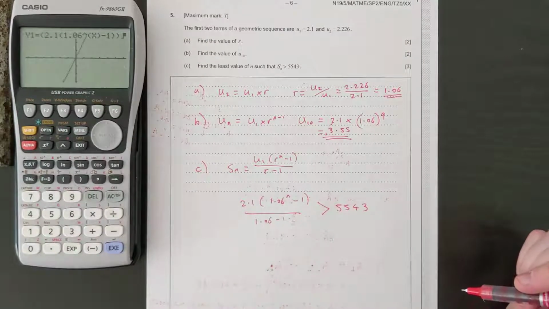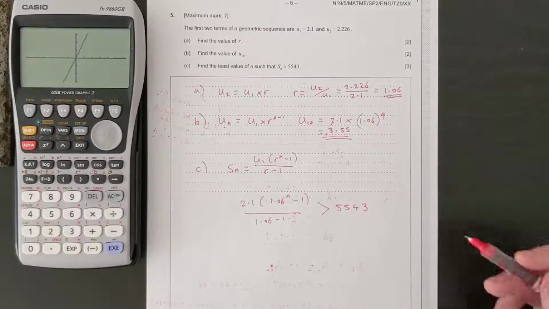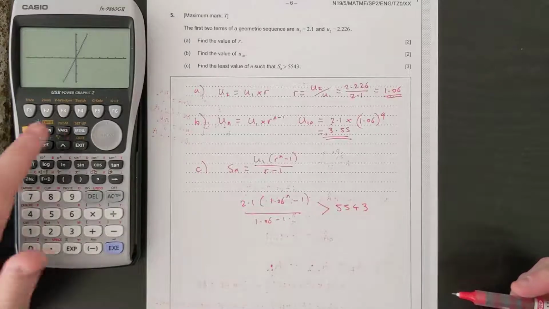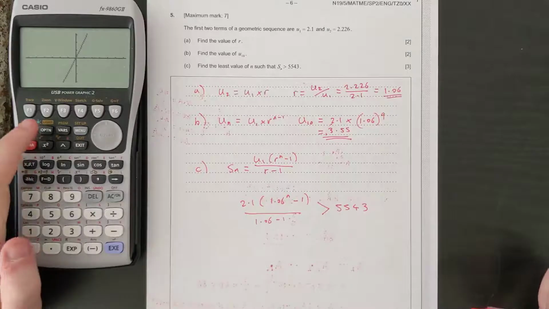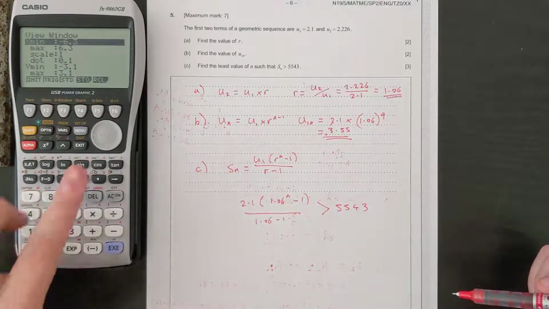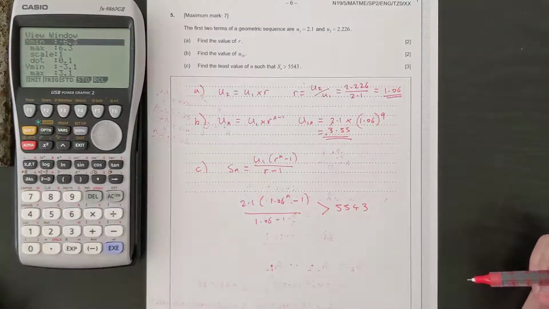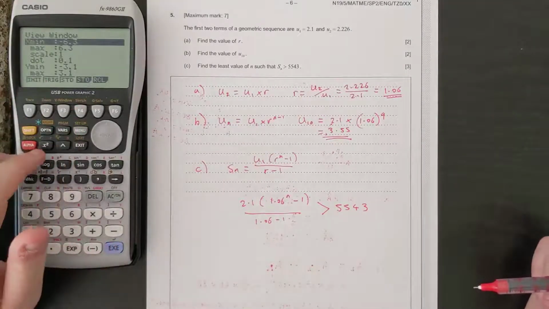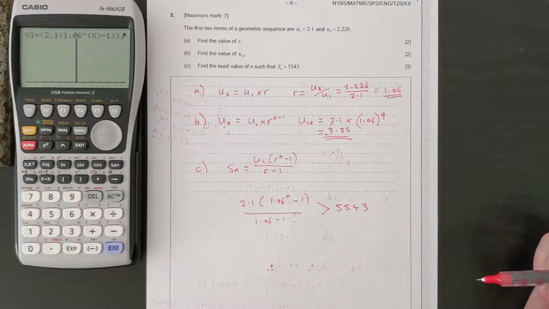So I draw my graphs. It doesn't appear to have been massively useful because my window isn't in the correct format. I know that one of my lines is going through y is equal to 5543, so I'm going to go to my window and I see here I'm nowhere near 5543. On the Casio calculator, it's always worth checking your zoom, going to zoom auto and seeing if that solves the problem for you.